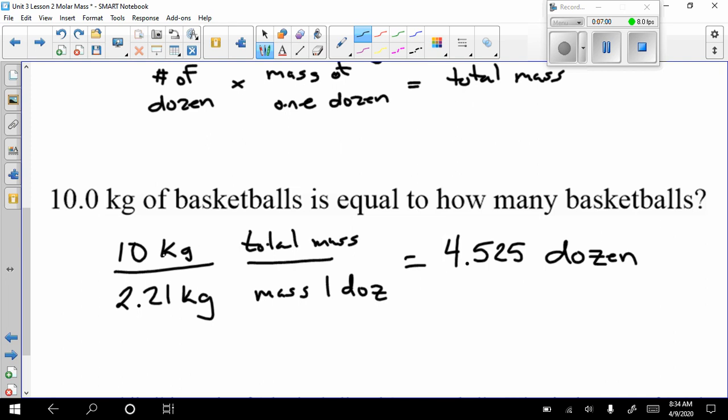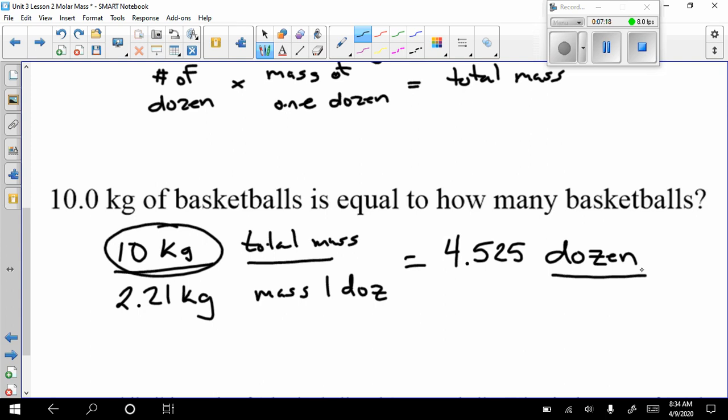Because again, there's my total mass, and that's the mass of a dozen of them, 2.21 kilograms, so that's how many dozen I have. So notice that I have turned a mass into a count, because remember, dozens are a count of them.